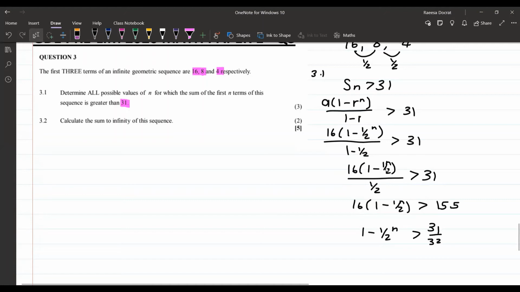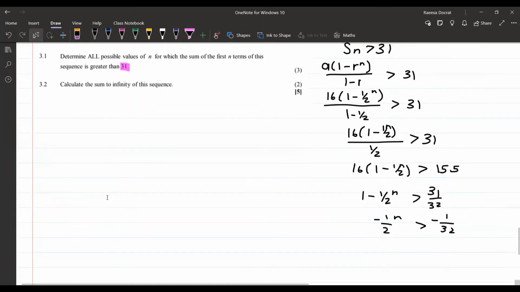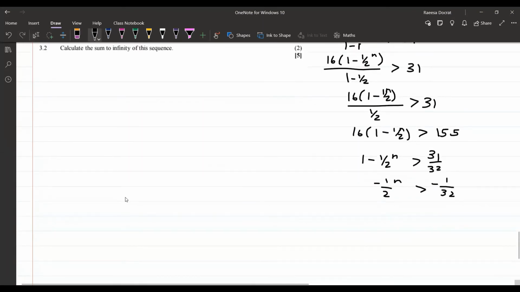Then we're going to subtract 1 on each side, so we have minus a half to the power of n is greater than minus 1 over 32. I'm going to divide both sides by minus 1, so then the sign flips. So a half to the power of n is less than 1 over 32. And then I'm going to make the bases the same. So this I can write as 2 to the power of minus n, and 1 over 32 I can write as 2 to the power of minus 5.